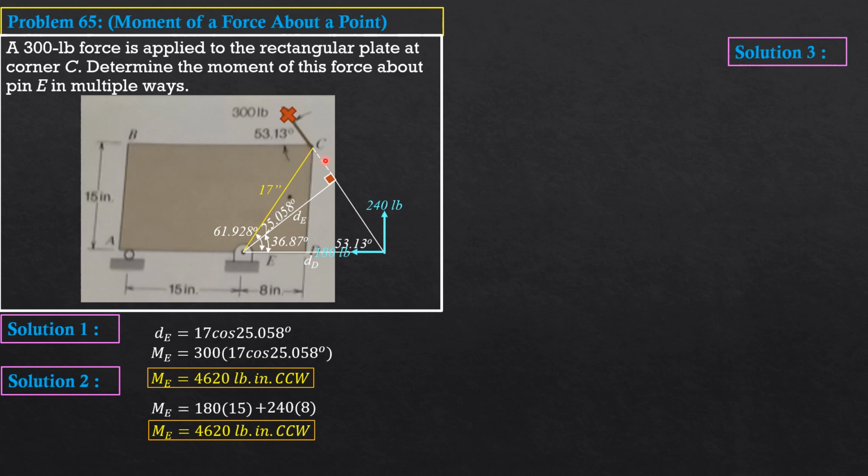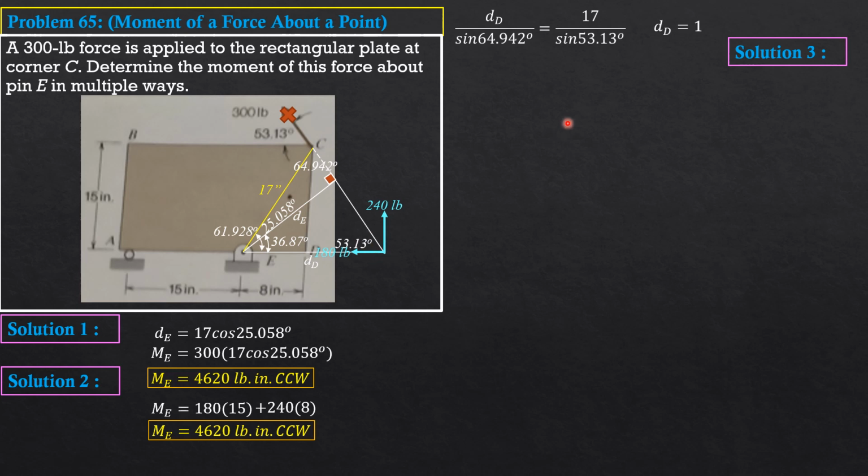So the measure of this angle at C is 180 degrees minus 53.13 degrees minus 61.928 degrees. So 180 minus 53.13 degrees minus 61.928 degrees is 64.942 degrees. So by sine law, distance D over sine 64.942 degrees equals 17 inches over sine 53.13 degrees.